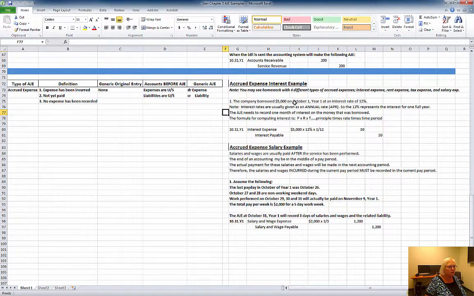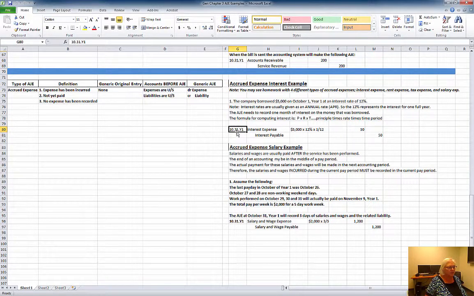Because we borrowed it October 1, we're going to make an adjusting entry at the end of October, so 1 month interest. The formula for computing interest is principal times rate times time. So our principal amount is $5,000, our rate is 12%, and our time period is 1 month divided by 12 months, and that gets us to $50.